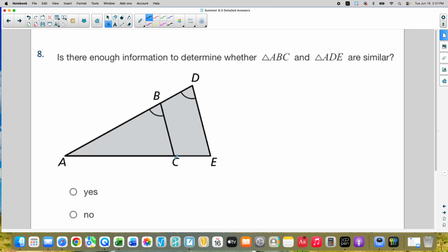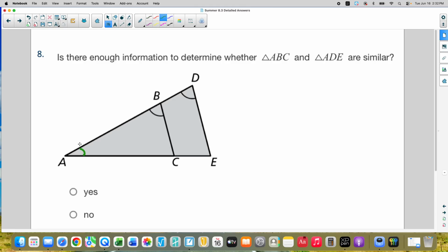Is there enough information to determine whether ABC and ADE are similar? Yes, there is. We have angle, side, angle... no. What are we going to do? I know that this angle is going to be the same, right?